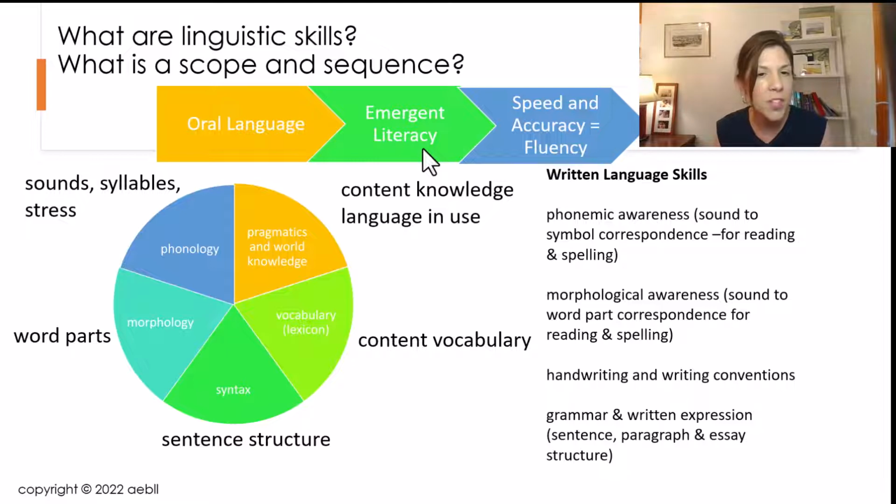When we have speed and accuracy in language acquisition, that equals fluency, right? That's what we want for our students. We want them to have fluency in English as well as their home language, reading-wise and writing-wise, so that they can access academic information at school and succeed.